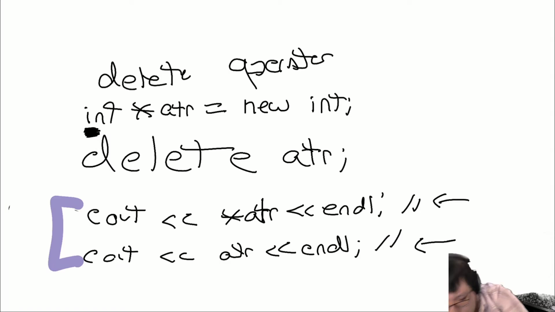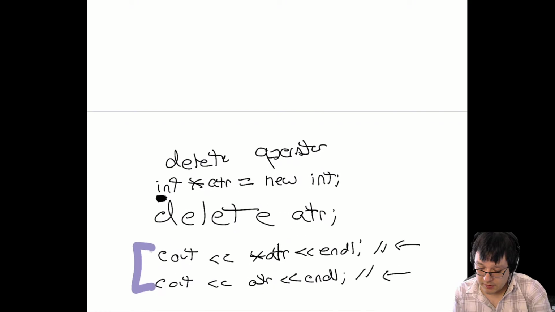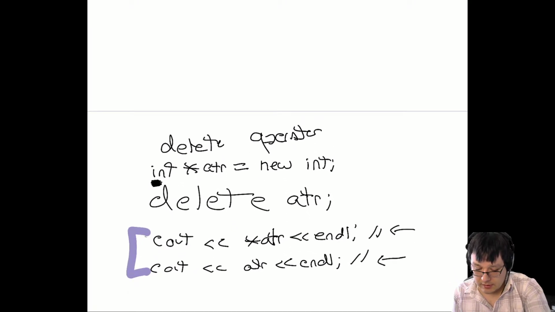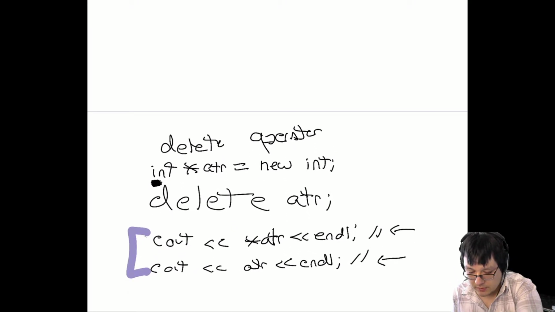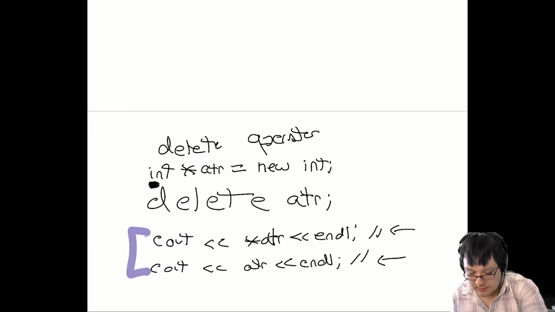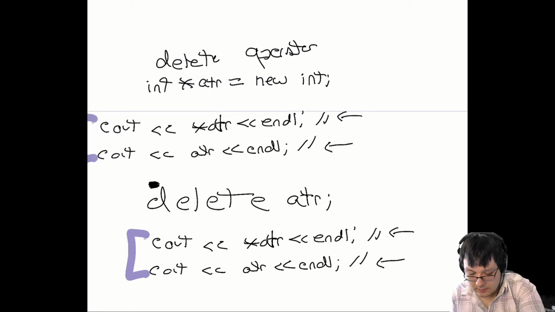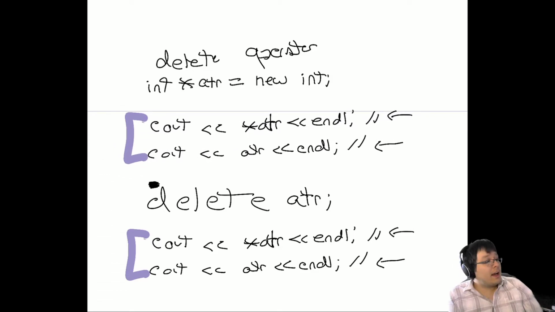Give me a second to move this. Let's put this on the next page and move this up. Right there, like that. Okay, so I've got the cout of *ptr, dereferencing ptr.